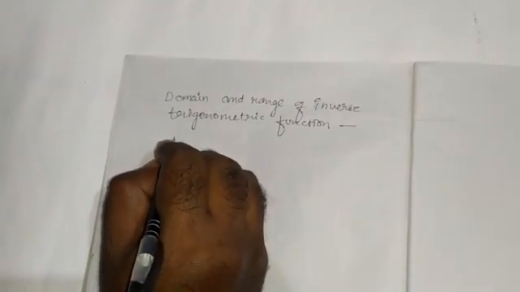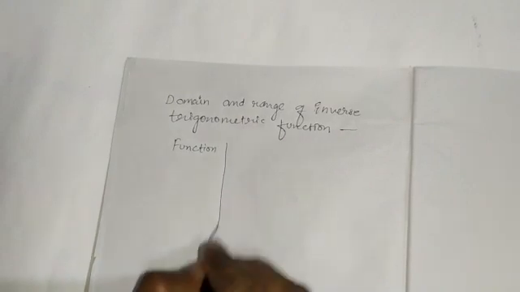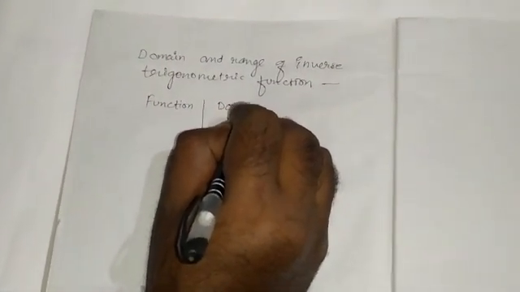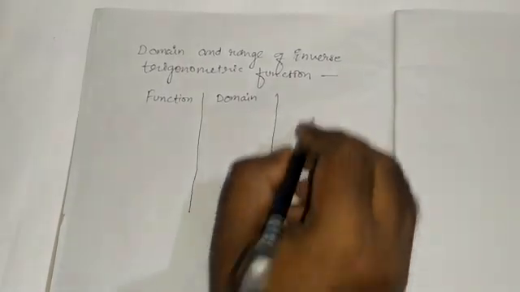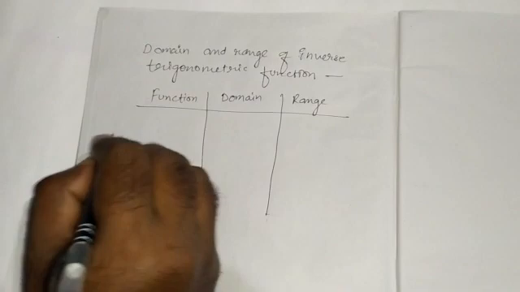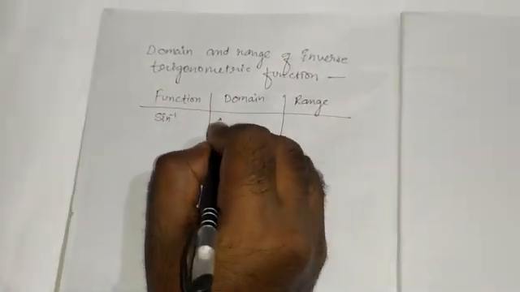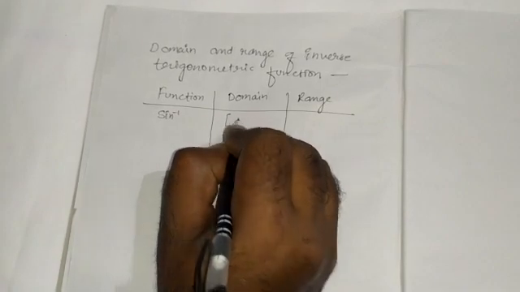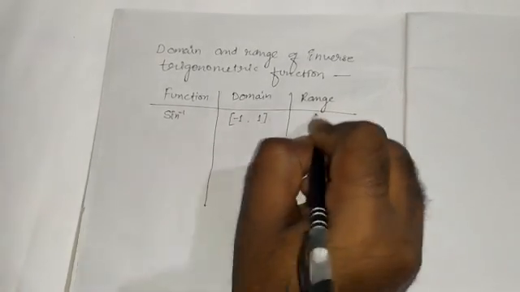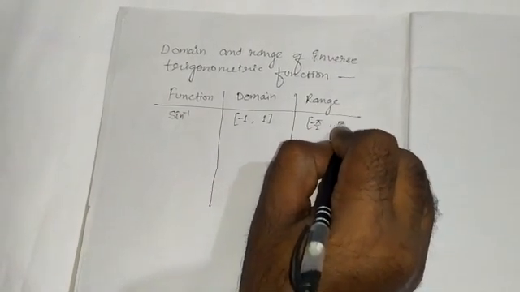First you have to write the function, in the second column the domain, and in the third column the range. The first inverse trigonometric function is sine inverse. The domain of sine inverse is the closed interval -1 to 1, and the range will be -π/2 to π/2.